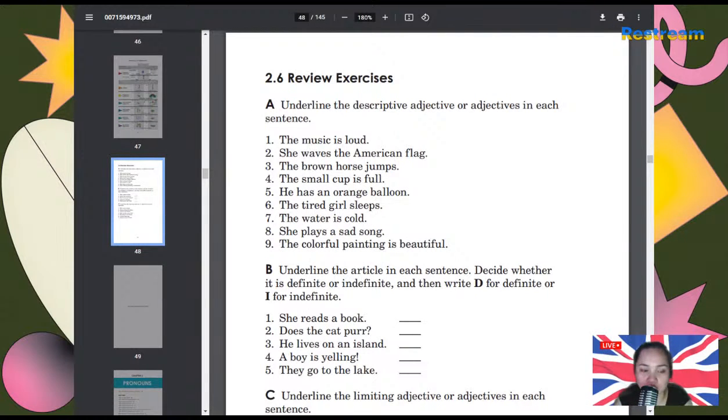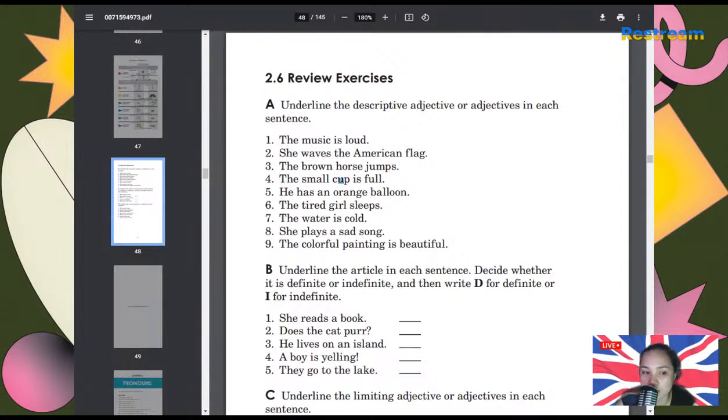Okay, for the next one, we have: the small cup is full. The small cup is full. In here, what is the noun? Let us identify the noun first.